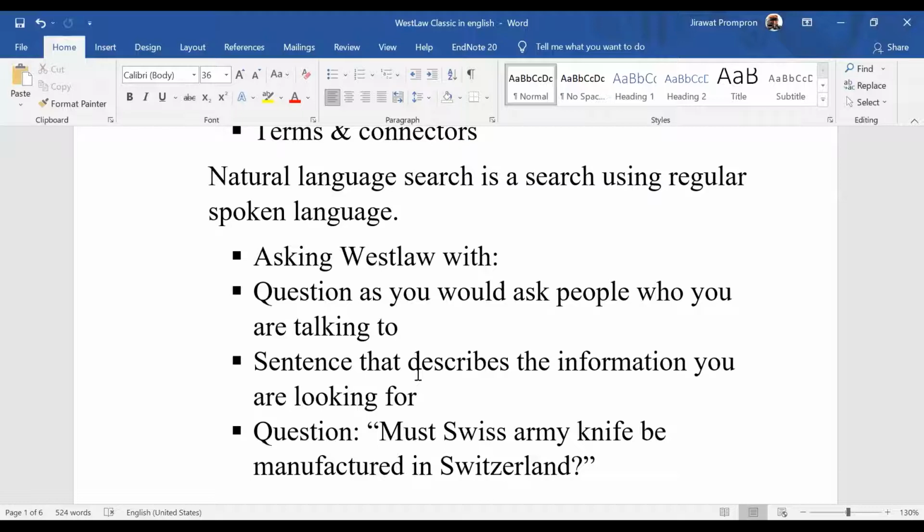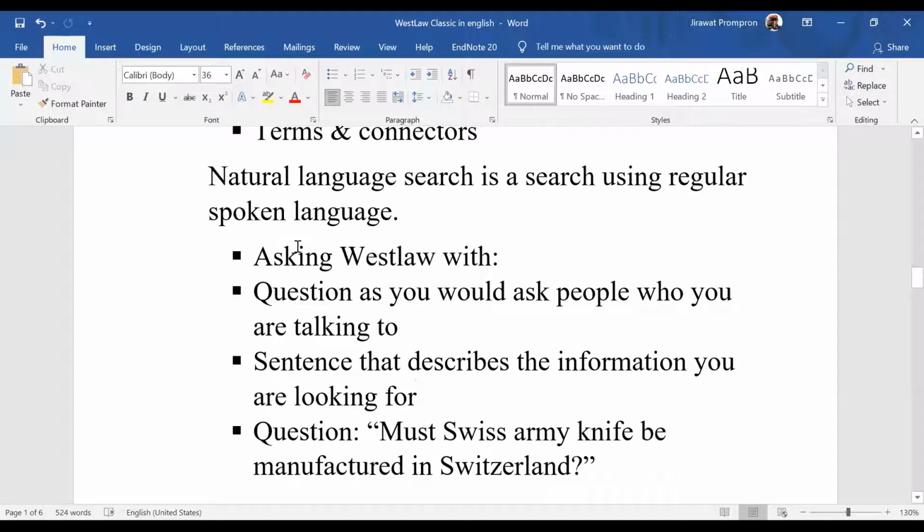So just type a sentence, just type a question to Westlaw. And Westlaw will cut something out and leave only the key terms of your concept.